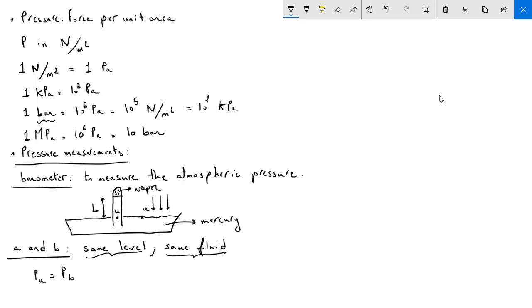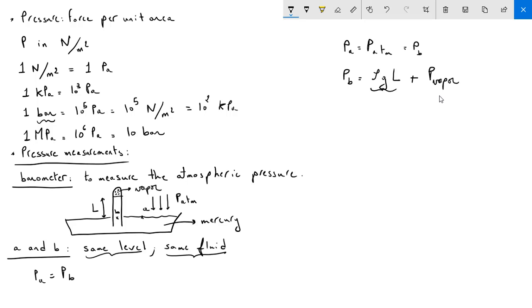Here, on the mercury surface, we have an atmospheric pressure distribution. So PA is P atmospheric and is equal to PB, and PB will be equal to rho times g times L. You know that the hydrostatic pressure is the weight per unit area above the point B. So PB equals rho g L, which corresponds to the weight of the liquid above this point, plus the pressure of the vapor.